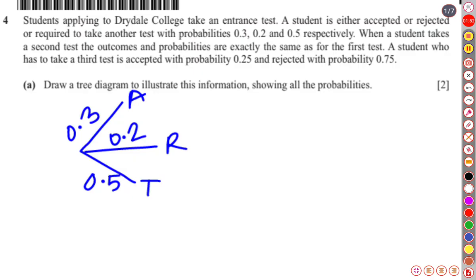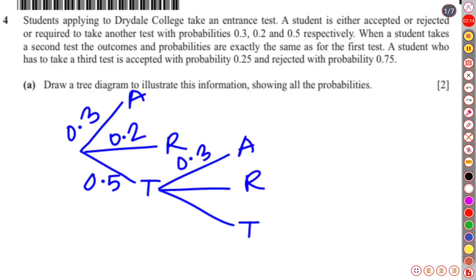When someone is supposed to take the next test, there are again three possibilities exactly the same as the first test: either accepted, rejected, or retest. So for acceptance the probability is 0.3, for rejection 0.2, and for retest 0.5.